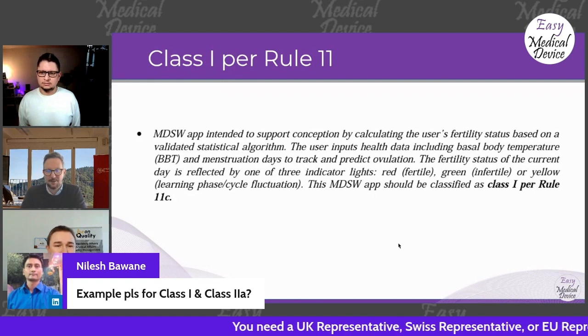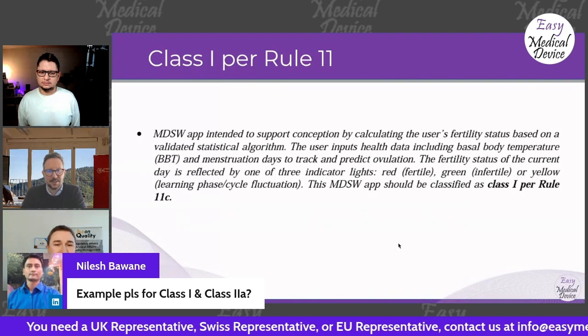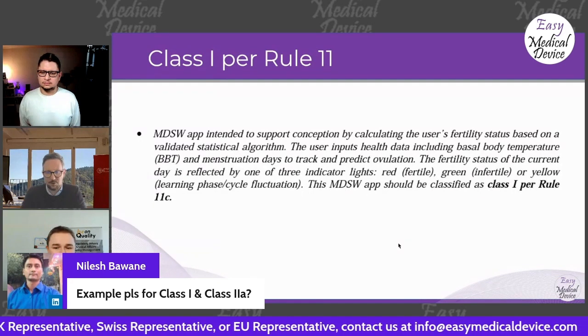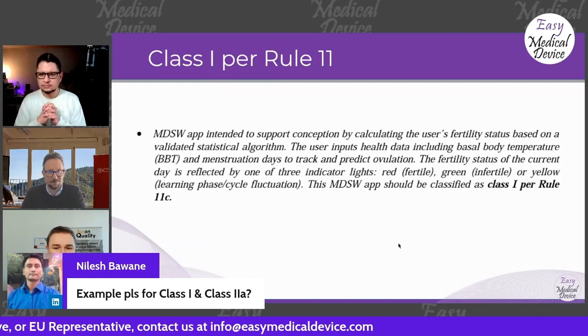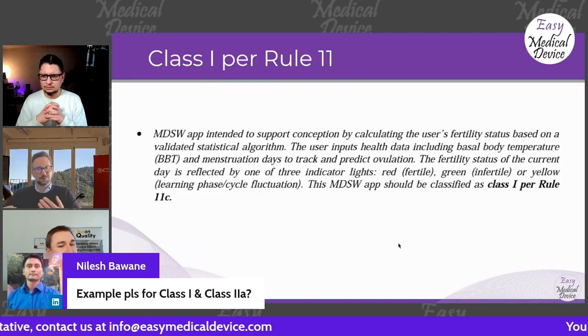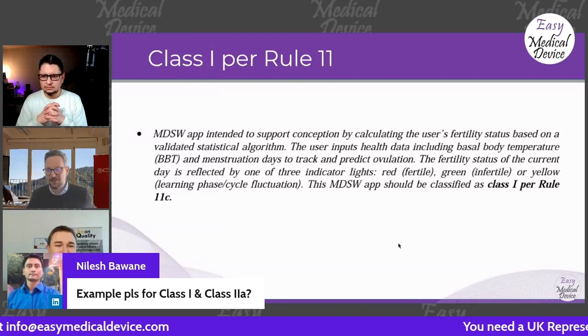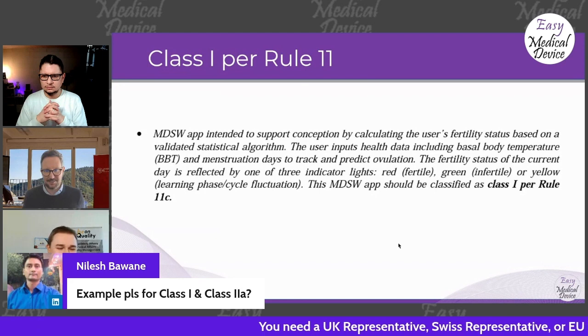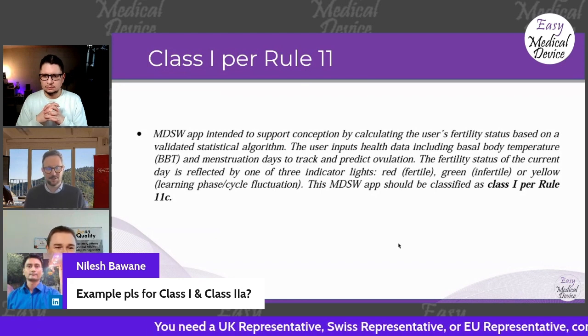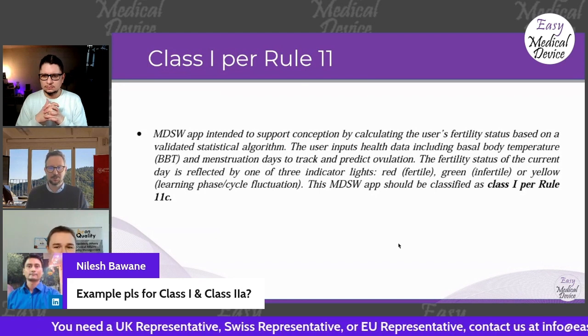So there are always two angles why you could say it's a class 1 device. One is, of course, as we discussed, that it says it's a prediction. So you could have kind of an underlining of what we discussed: it says predicting, therefore it's class 1. That could be one approach to say it's class 1.